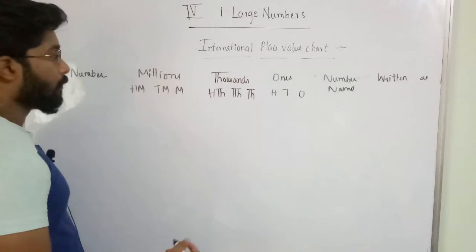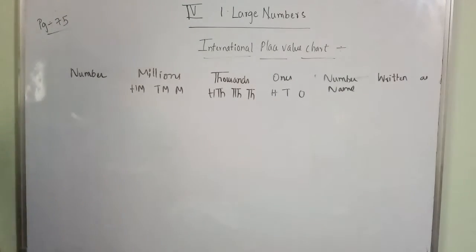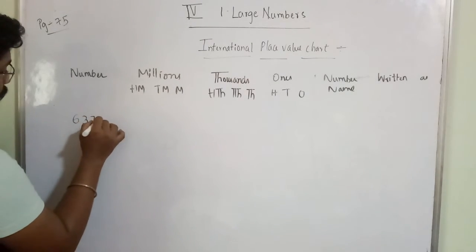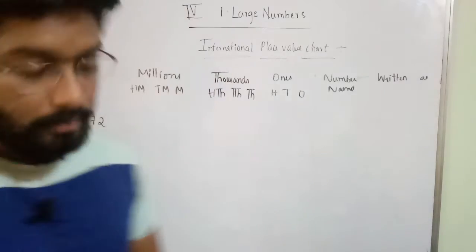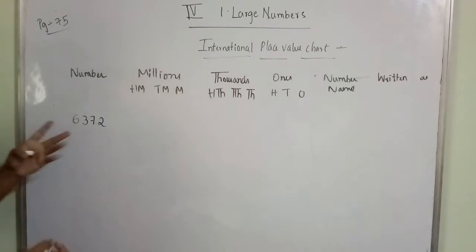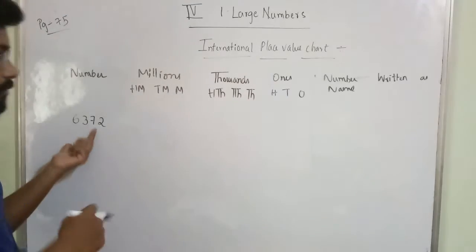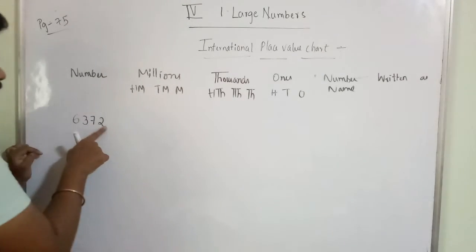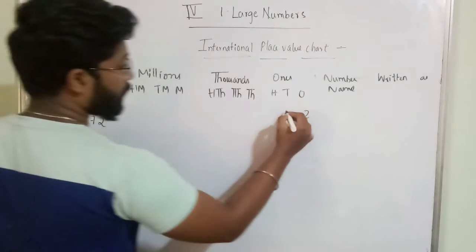Okay, so what is the number? First number, what is that? 6372. So we have to put this under the periods, under the place values we have to arrange so that we can write the number name. Okay, so we have to start from last. Here 2, next you are having 7.